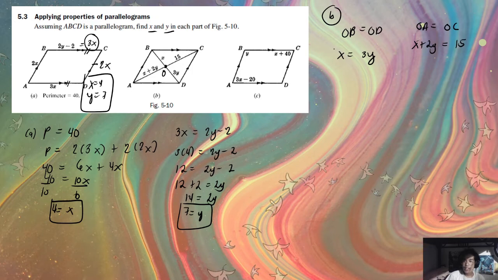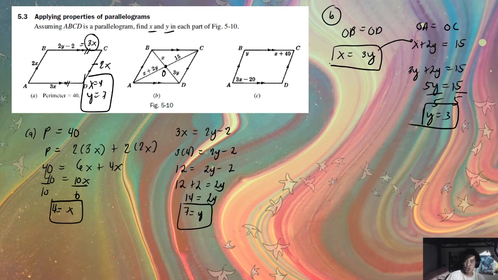Since we've already stated that x is equal to 3y, we can substitute the value of x into the second equation that we created. So that's 3y plus 2y is equal to 15. That gives us 5y is equal to 15. If we divide both sides by 5, we get the value of y, which is 3.